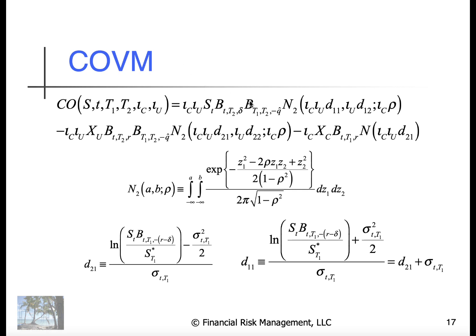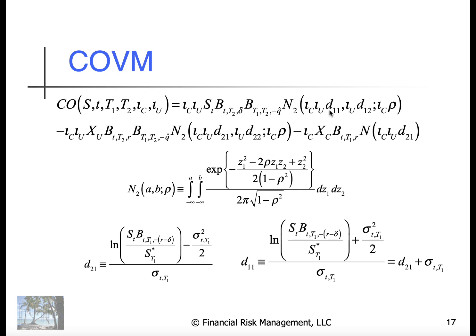And so clearly, this has 3 terms and not 2. The last term looks sort of familiar in the context of the Black-Scholes-Merton. It's the present value of the compound option strike price times the univariate CDF. But these other 2 terms are going to require the use of a bivariate CDF approximator.